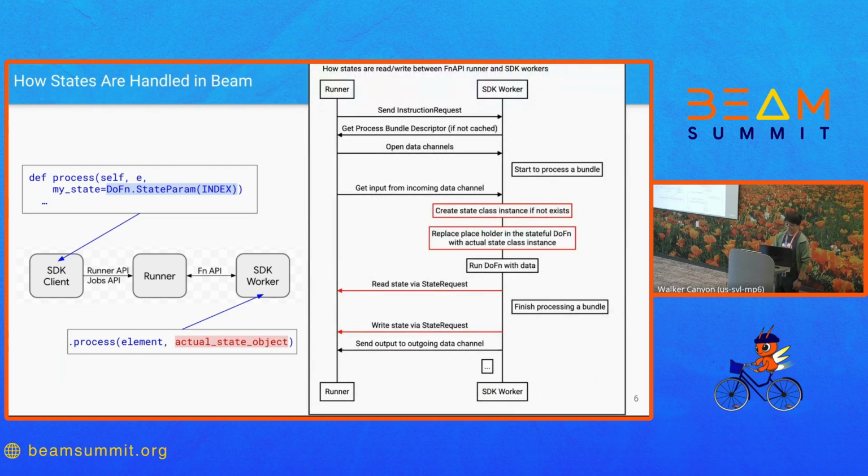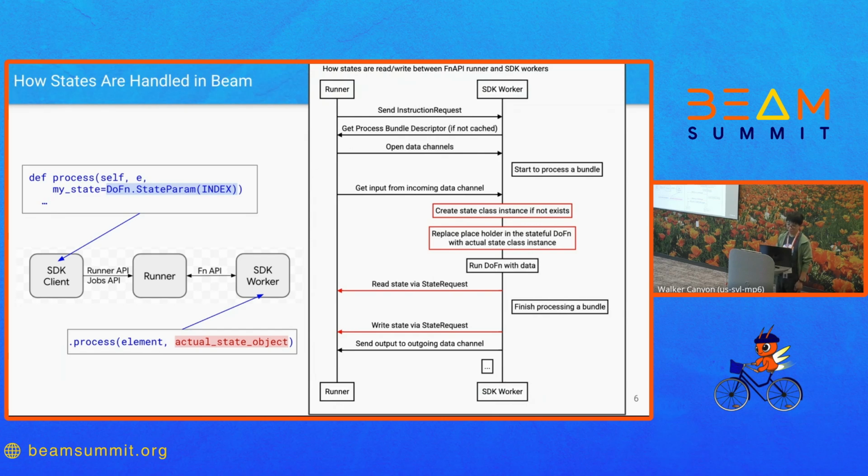So the runner asks the SDK worker to process a bundle through an instruction request, which contains something called the process bundle descriptor ID. This process bundle descriptor is for telling the worker what and how to work. If this descriptor is not in the worker cache, the worker will request it from the runner.